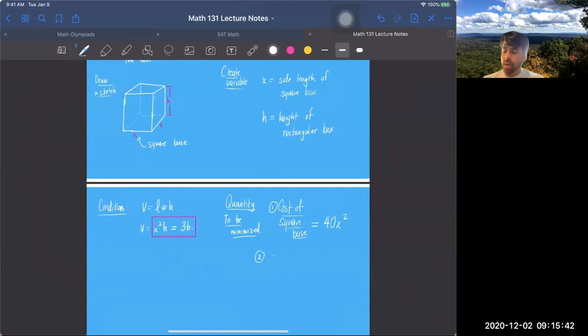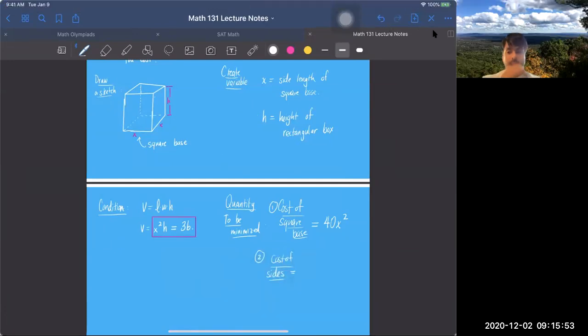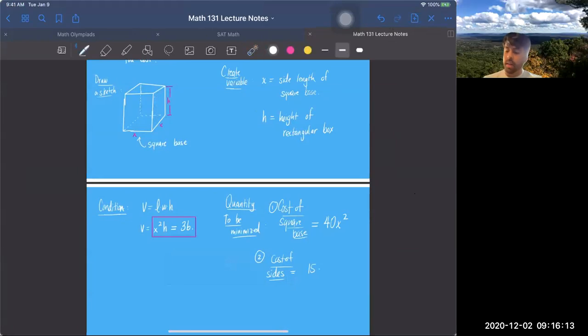The second thing is, what's the cost of the sides? 15x squared. Okay, be careful though. What's the area of one rectangle here? It's not x squared. It's x times what? Times height. So that's 15 times what?